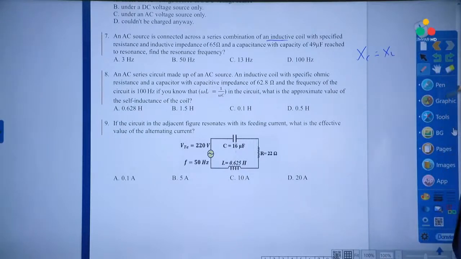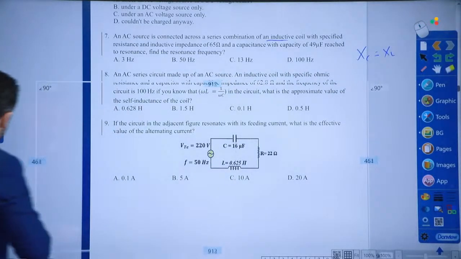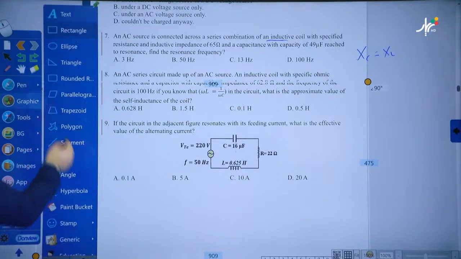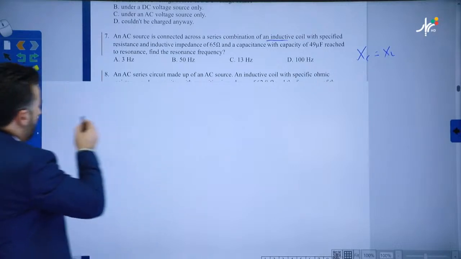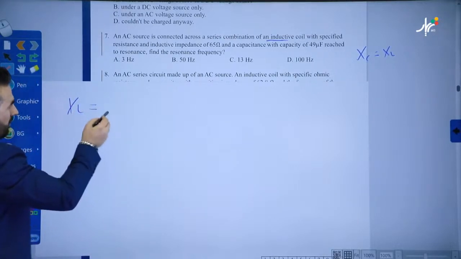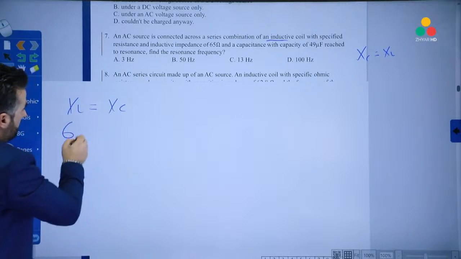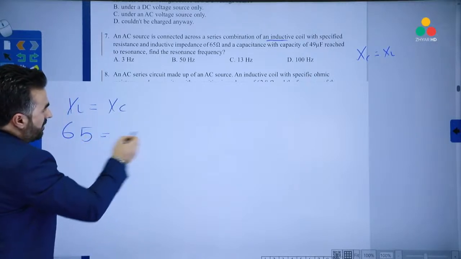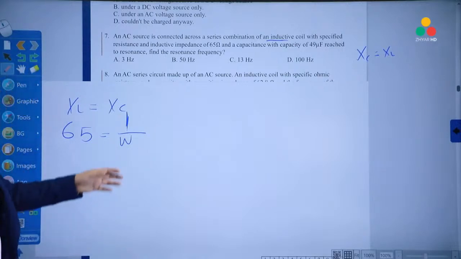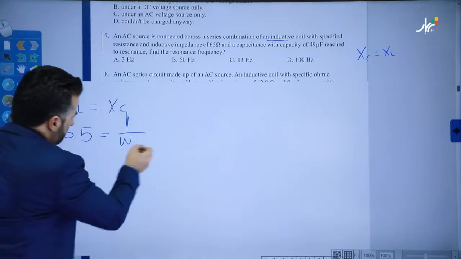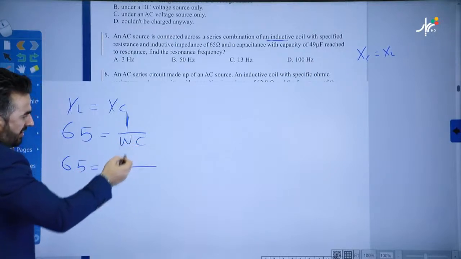So let me put this one in a box so we can solve this, because I think this is worth solving together. Okay, so take a look here. XL is equal to XC, but XL is given, which is 65, yes? And of course, XC here is basically 1 over omega C. Yes, and of course, 65 again, 1 over omega C basically.